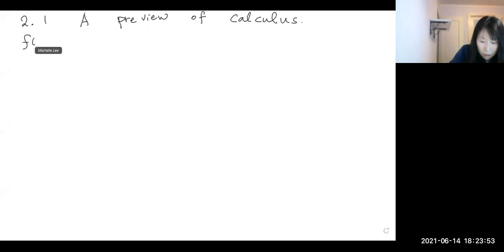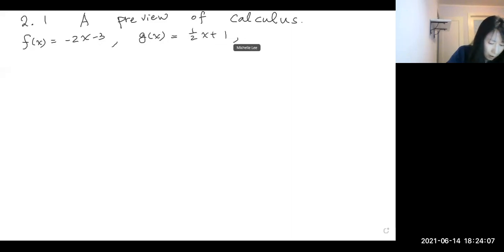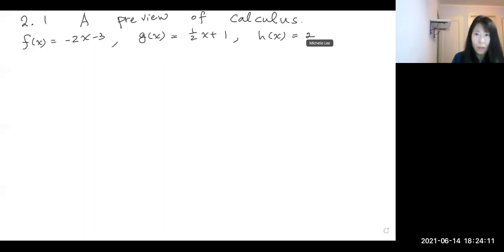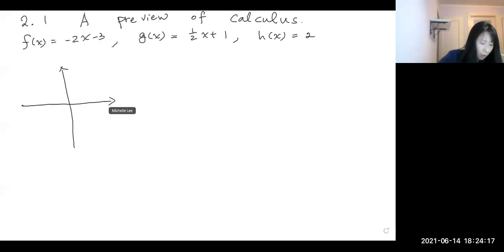Okay, so we have the function f of x equal to negative 2x minus 3, g of x equal to 1/2 x plus 1, and h of x equal to 2. We know this. The first one looks like that, okay?